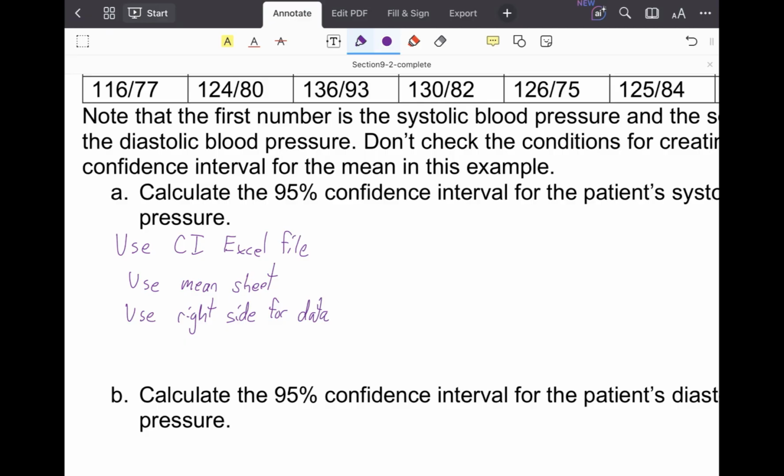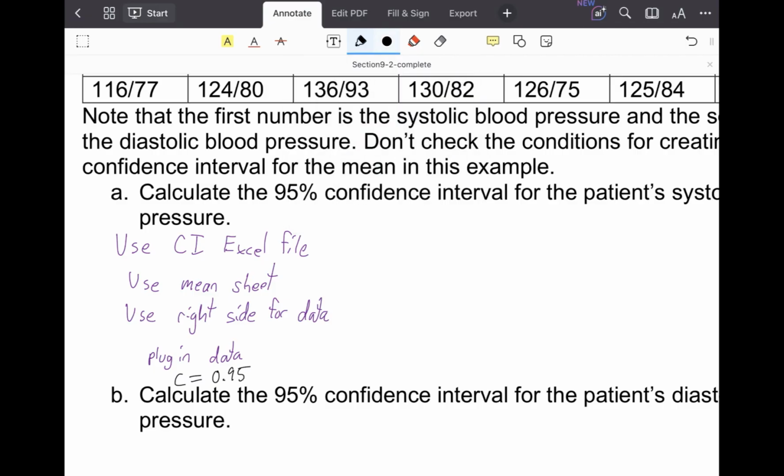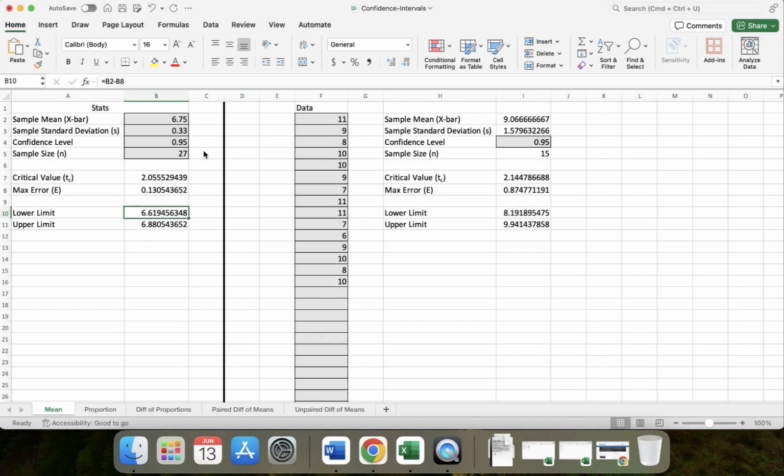Okay, we plug in the data, and the only other thing to plug in is that C is 95%, 0.95. Once we have that plugged in, we're going to have our lower limit and our upper limit. So a fairly quick process, especially if you have the data typed out already, which I did beforehand.